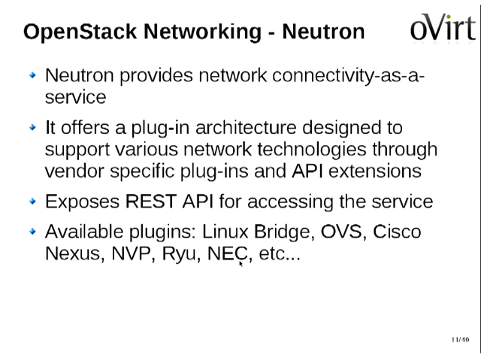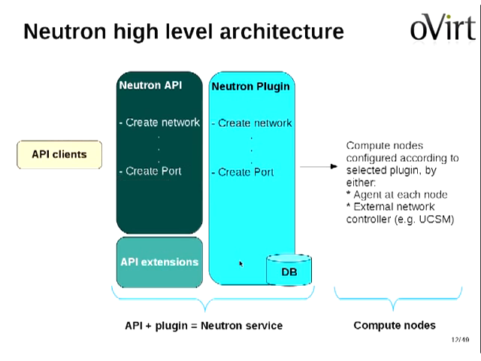But they all have this basic API that you use to create networks, to create ports, to create layer 3 networks. And the available plugins, there are many, but the most basic ones are the Linux Bridge plugin, Open vSwitch, and there's some Cisco plugin, a Nexus plugin, etc., etc. Right?